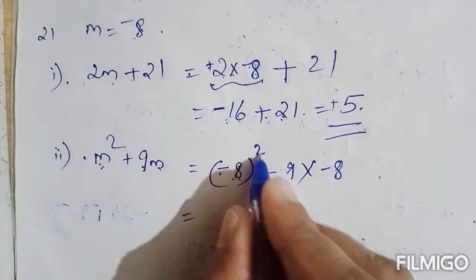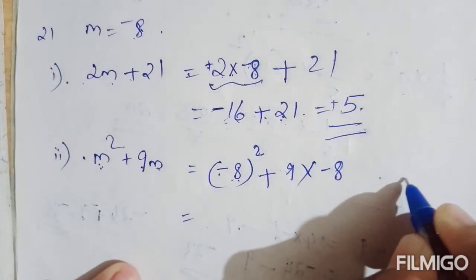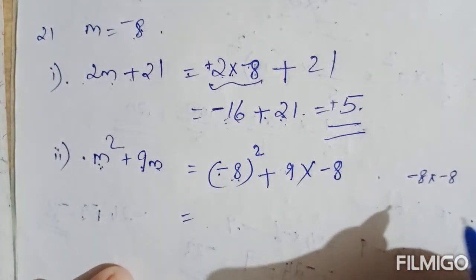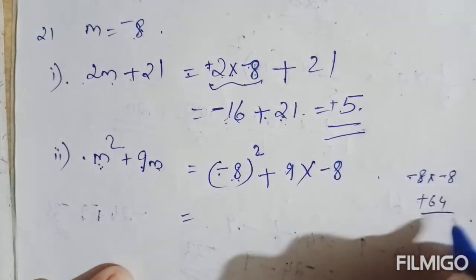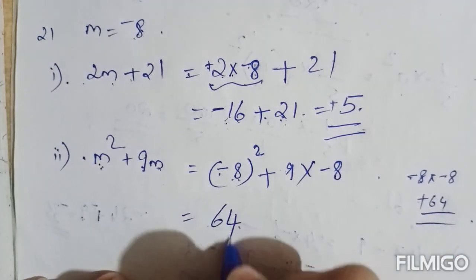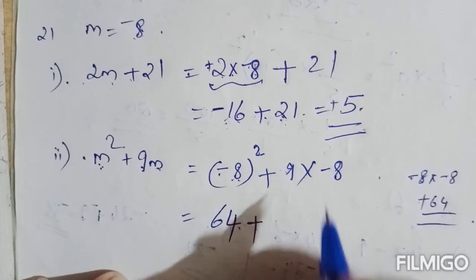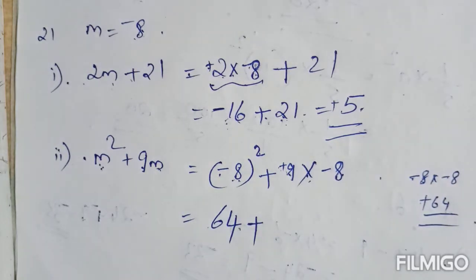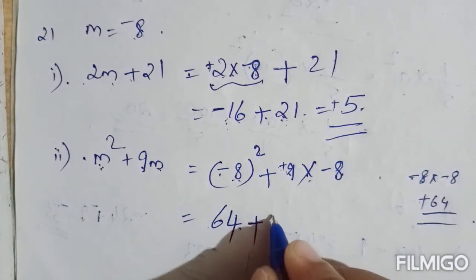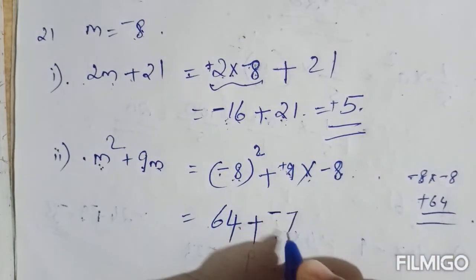Now minus 8 square, that is minus 8 into minus 8. Negative into negative, positive. 8 into 8, 64. So positive 64 or simply 64. Plus 9 into minus 8, positive into negative, it is negative. 9 into 8, 72.